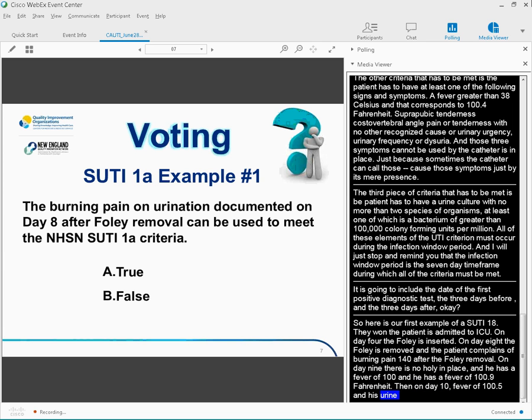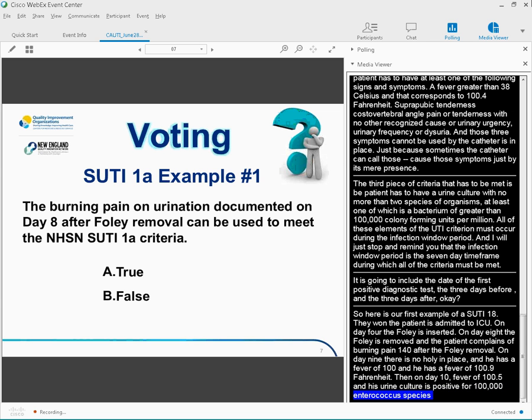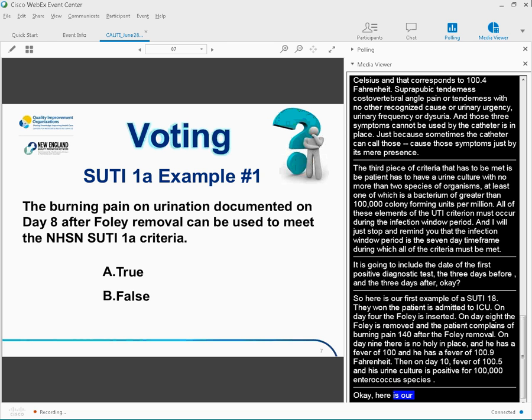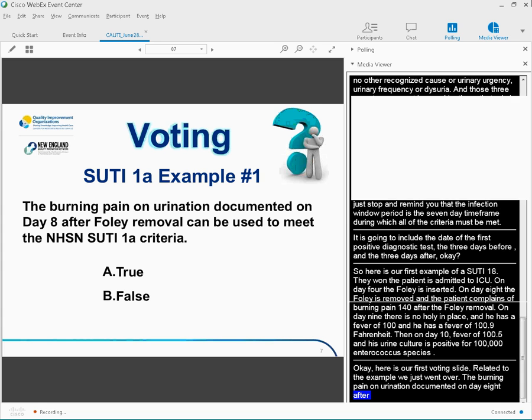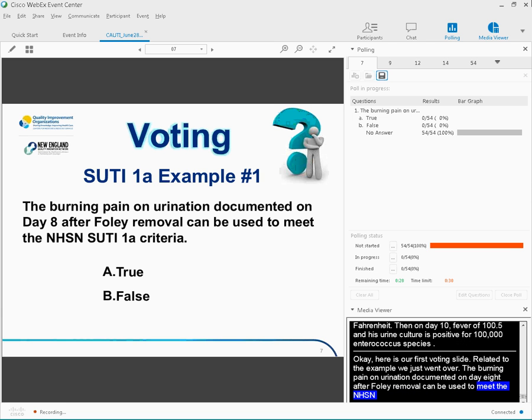Okay, so here's our first voting slide related to the example we just went over. The burning pain on urination documented on day 8 after Foley removal can be used to meet the NHSN SUTI 1A criteria. Is this true or false?